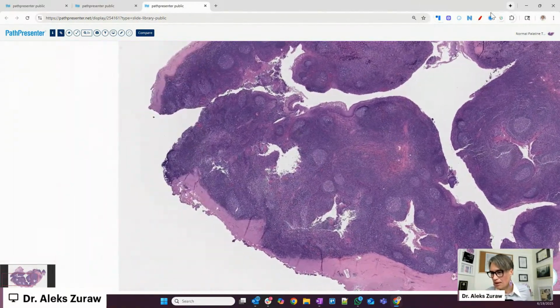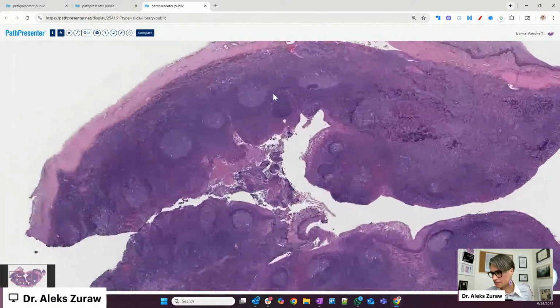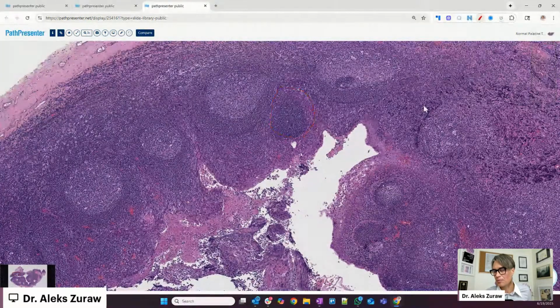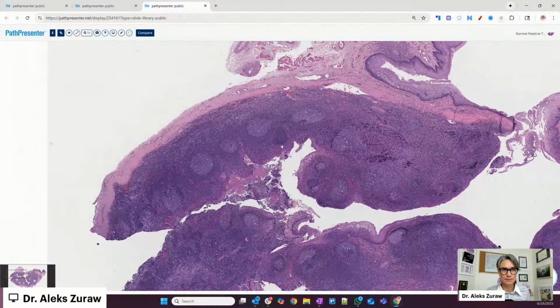So we have circles that have clearer cells inside, or like they look lighter inside, this one, but there are also some that look dark. So this one looks dark, doesn't have anything clear inside. This would be a primary follicle, and the other one is going to be secondary follicle.